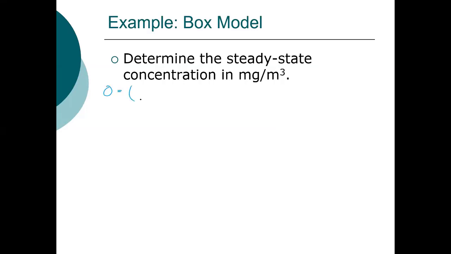So we have U times B. Now notice I've written this as grams per cubic meter. It was given in milligrams, but everything else, all of our source terms are in grams. So we need to make sure that we have the same units.